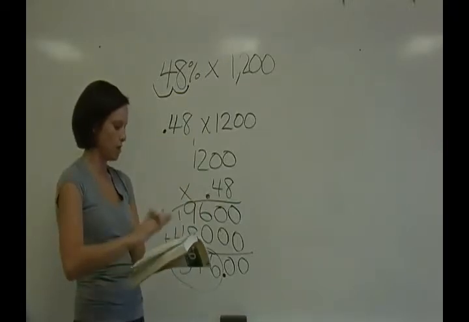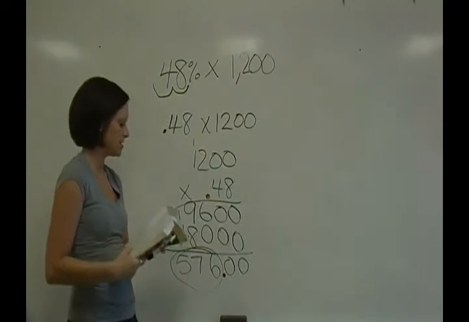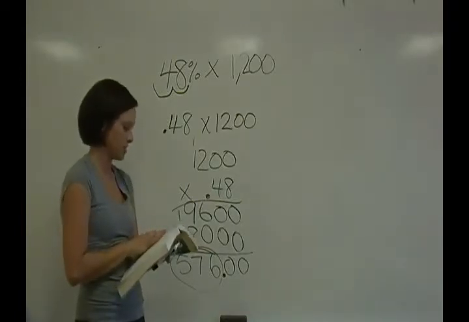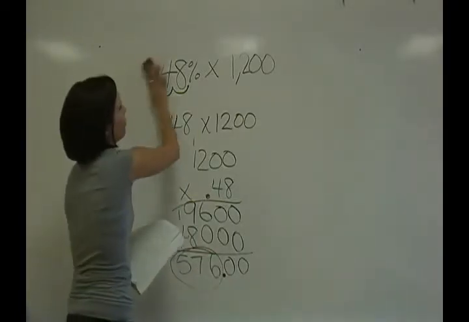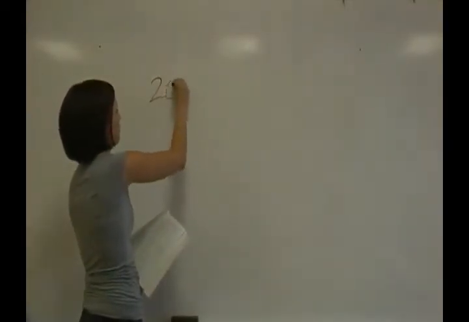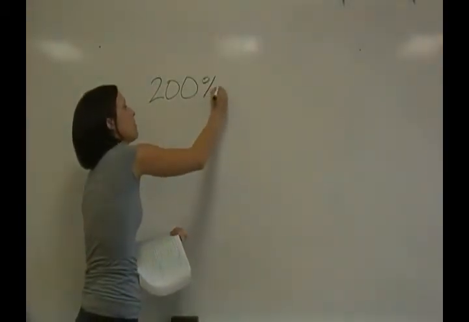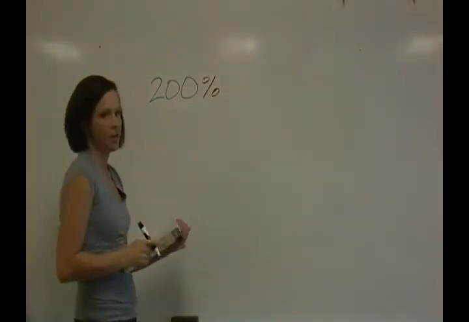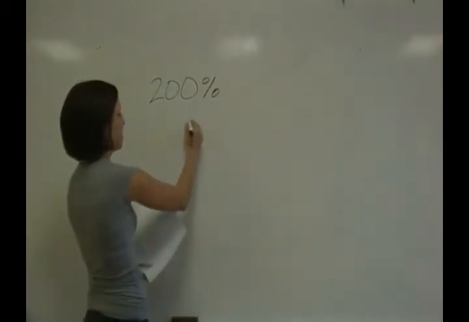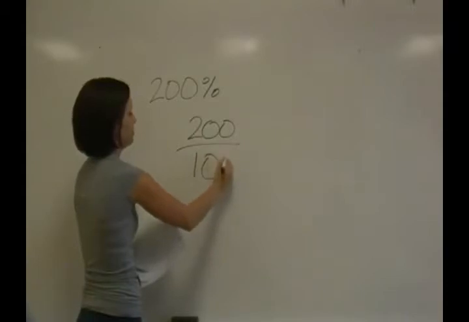Okay, moving right along. We did number 13, and this deals with changing percents to fractions. Number 13 says, what is 200% written as a fraction? Percentages are ratios, so all you have to do is write the ratio. 200 over 100.